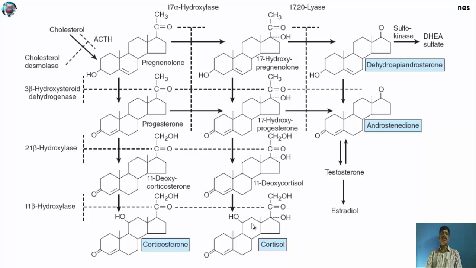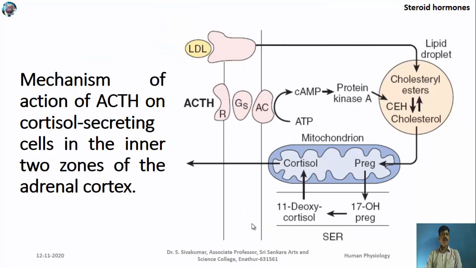Mainly here you can see how the glucocorticoids and mineralocorticoids are synthesized. The production of these hormones is mainly controlled by the brain, by the nervous system, with the help of another hormone known as ACTH, adrenocorticotropic hormone. This hormone controls the production of all these hormones from cholesterol by regulating the different enzymes involved in the synthesis of these steroid hormones.